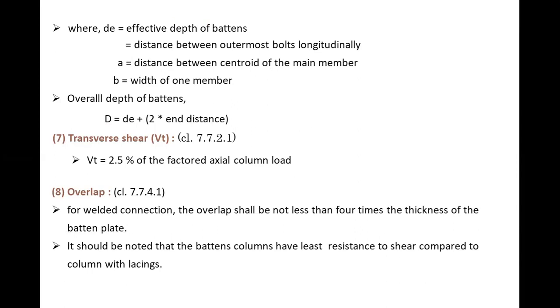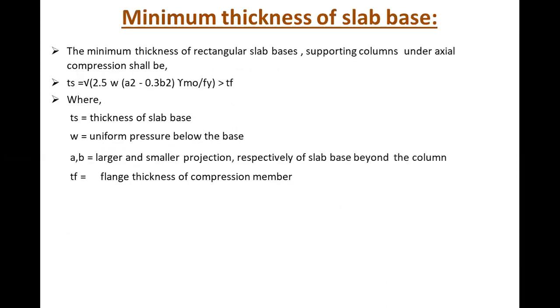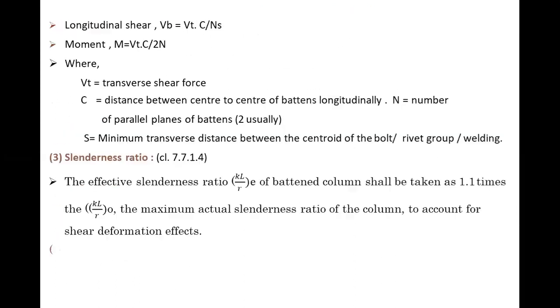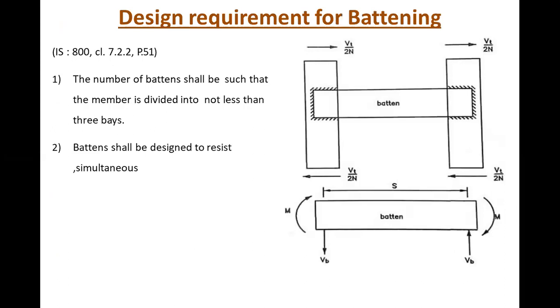For a valid connection, the overlap shall not be less than 4 times the thickness of the batten plate. It should be noted that batten columns have the least resistance to shear compared to columns with lacings.